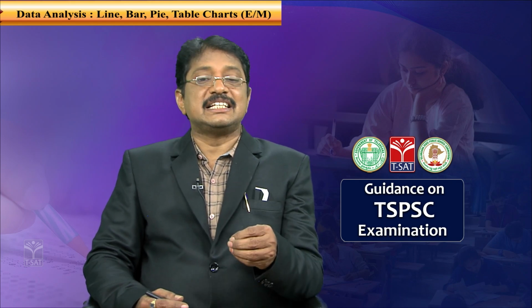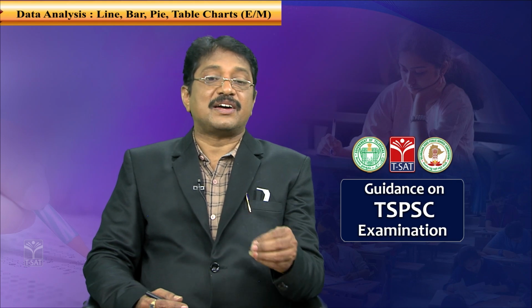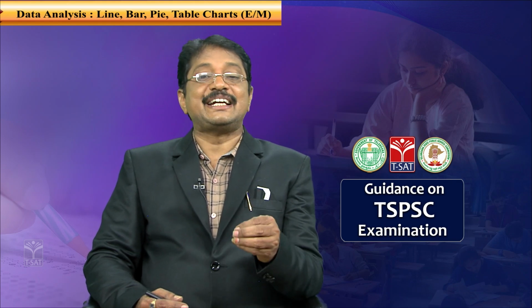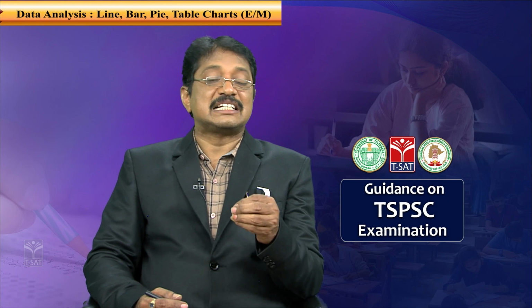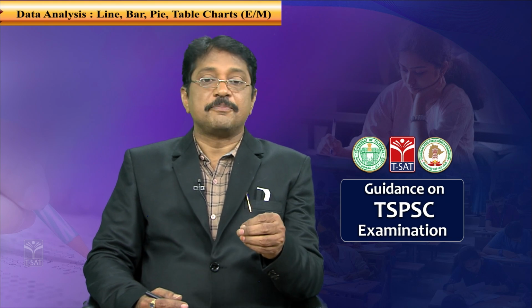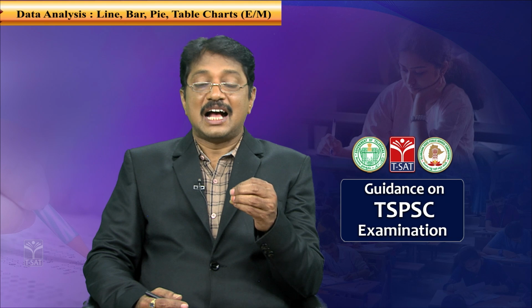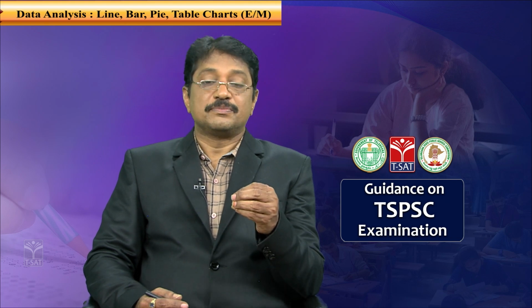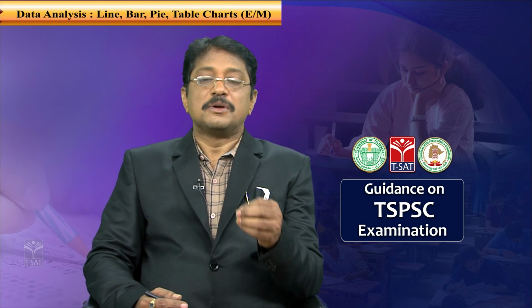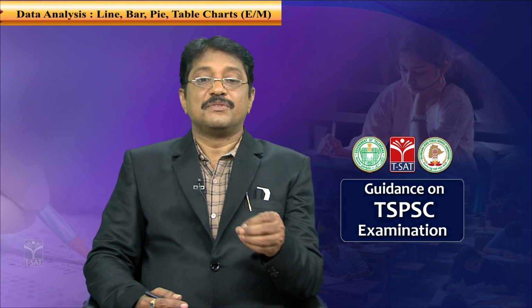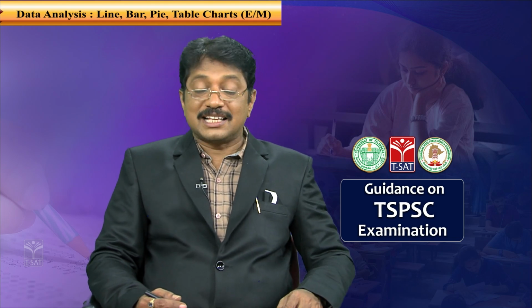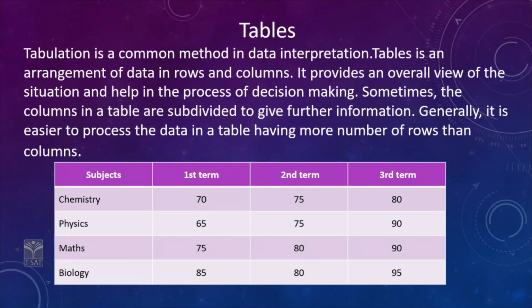So, the range is 95 minus 5, which is 90. So, 90 is the range of the data. That is very important. Clear? Range means highest value minus lowest value, maximum value minus minimum value. The difference between highest and lowest is called the range.